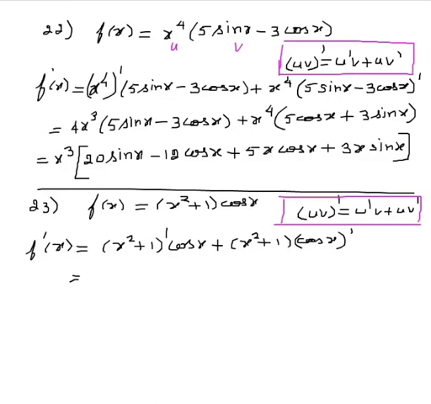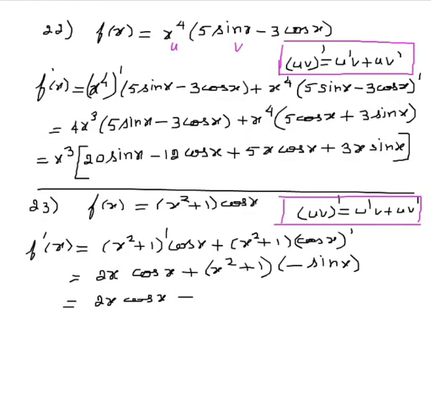The differential of x square with respect to x is 2x and the derivative of 1 is 0. 2x into cos x plus x square plus 1 and the differential of cos x is minus sin x. Use brackets because you have a negative sign there. The answer is 2x cos x. Let us distribute and write minus x square sin x and minus sin x.